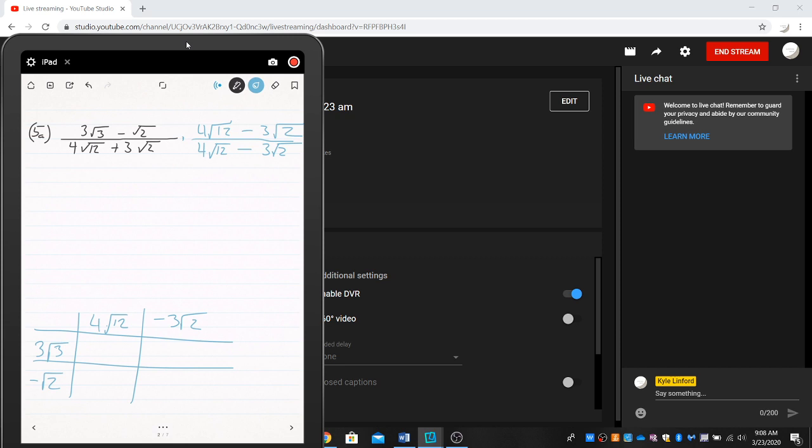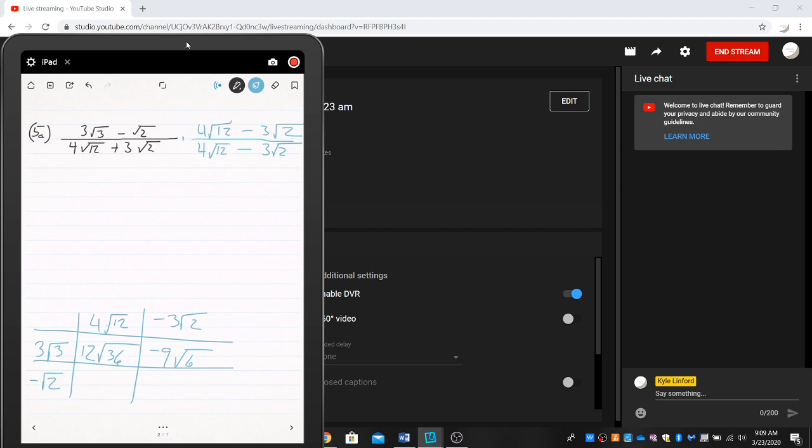So when we perform this multiplication, we're going to do each component individually, sort of like distributing each thing through one at a time. So 3 root 3 times 4 root 12. Well, 3 and 4 make 12, and root 3 and root 12 make root 36. Then 3 root 3 and negative 3 root 2. Well, 3 and negative 3 make negative 9, and root 3 and root 2 make root 6.